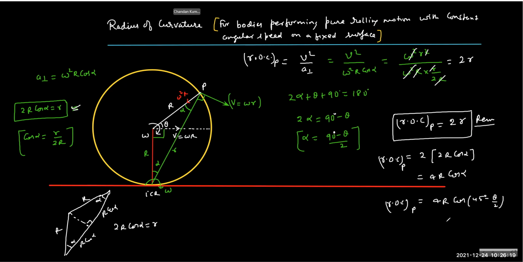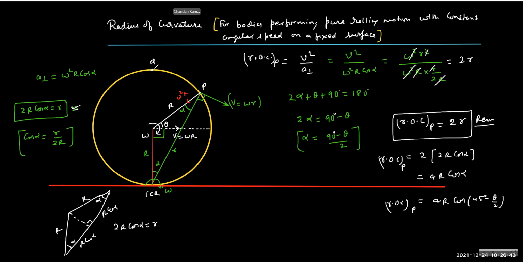So imagine if I take theta equals 90 degree. Theta equals 90 means the topmost point, correct? So if theta is 90, the point is here. What is the ROC of this point? That's very easy to find because the distance of this point from the ICR is 4r... the distance from the ICR is 2r, so the answer is 4r.